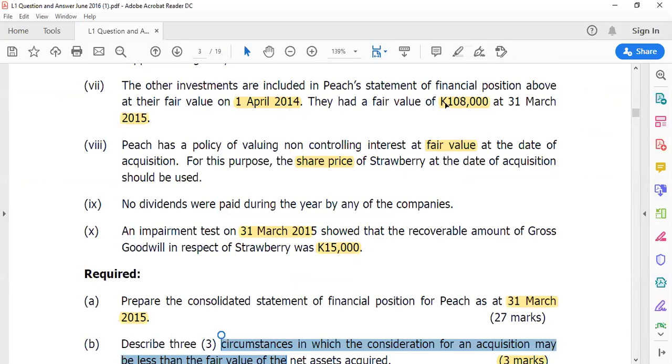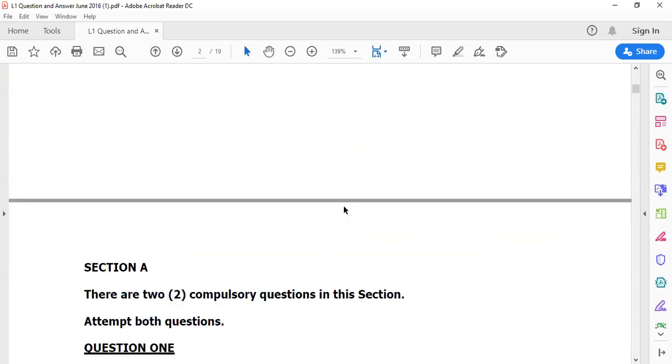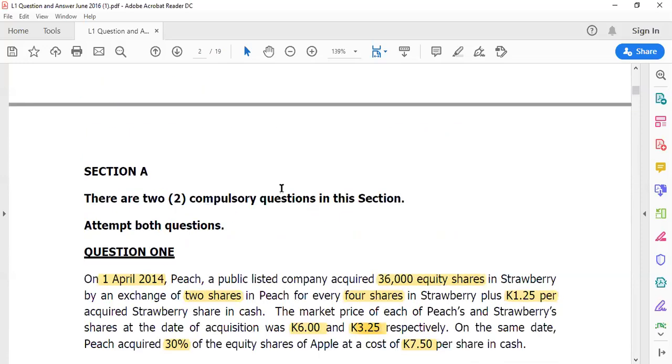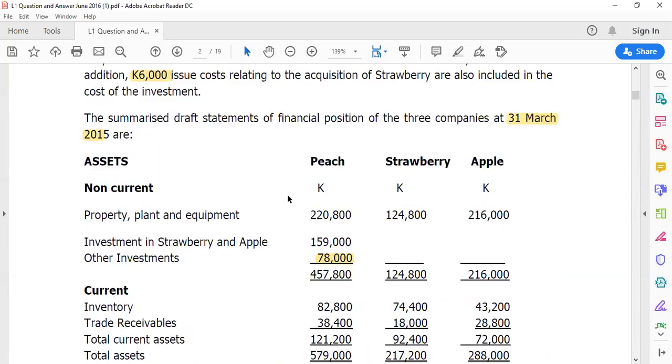The fair value of the other investments was 108. That means the gain was how much? If we go to the SFP, the other investments were 78. Minus 108, we get 30. That was the gain.